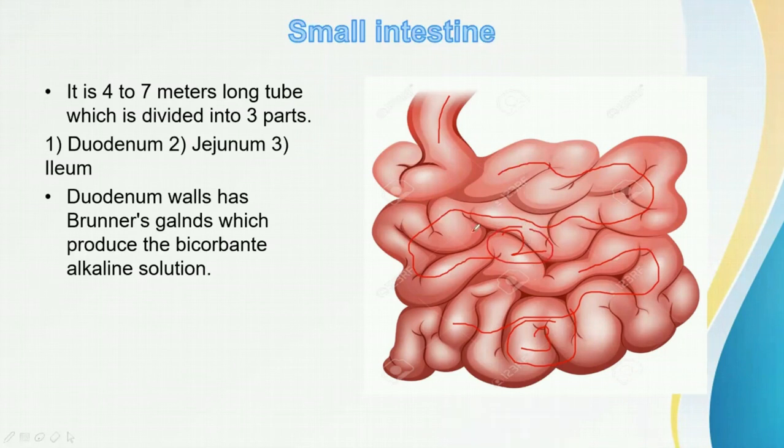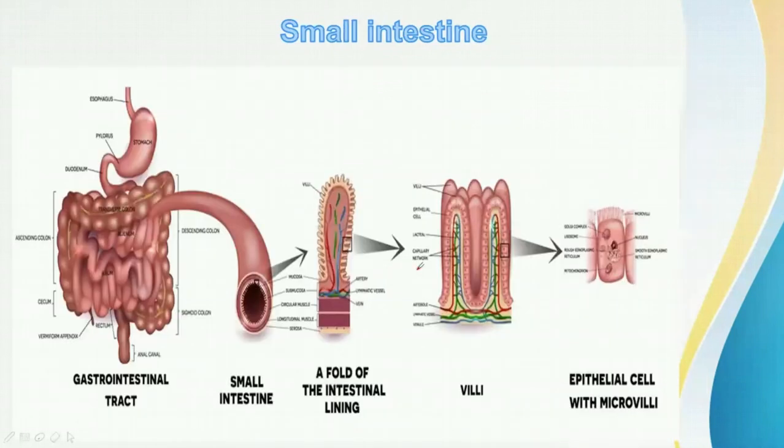Inside both the jejunum and ileum, they have finger-like projections. Now you are seeing them on the screen. These finger-like projections we call villi.